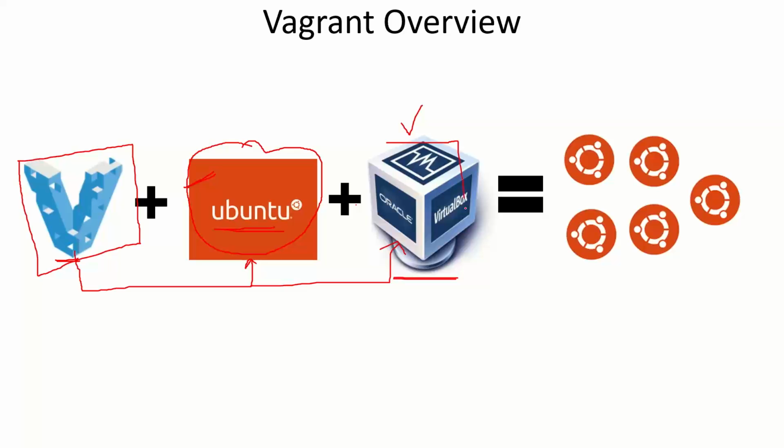Then it takes the assistance of Oracle VirtualBox, which is the hypervisor in this case, and launches actual VMs. Can I expect a quick confirmation, people? Regarding the connection of one tool with the other and how they exactly work, if you're not understanding, do not worry. When I show you the real implementation, things will be much clearer. But one thing is for sure, you need a hypervisor. If you don't have a hypervisor, things don't work.